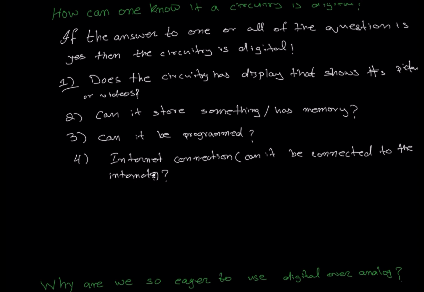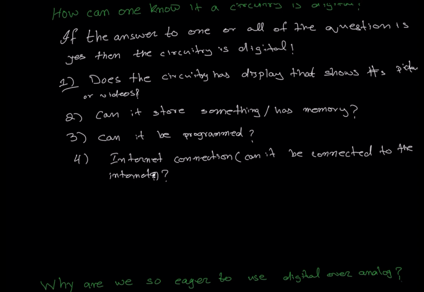Now, number four is internet connection. That means, can it be connected to the internet? This is very modern, because the internet is not that old. It's been around since probably my age, or a little bit earlier than that.